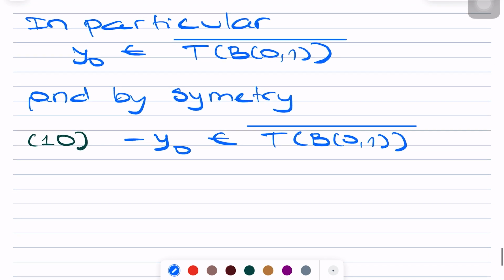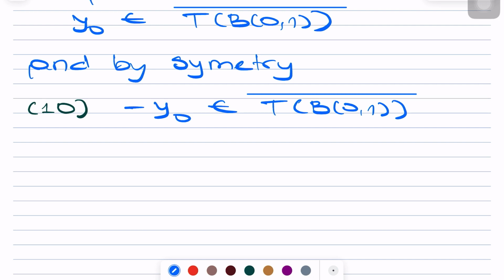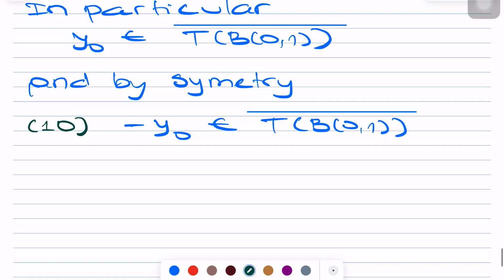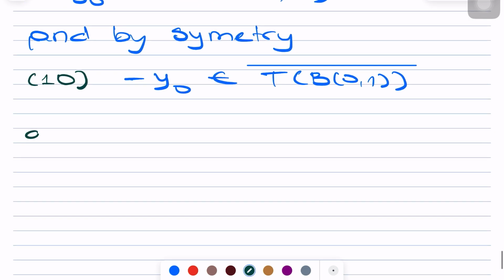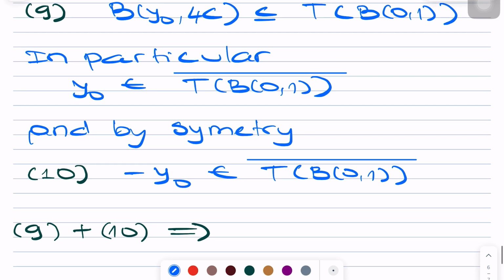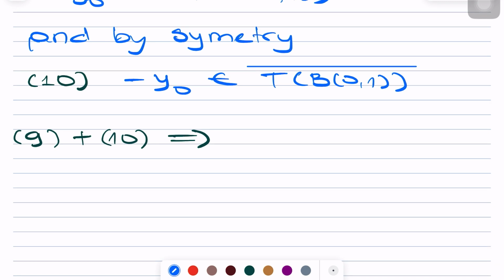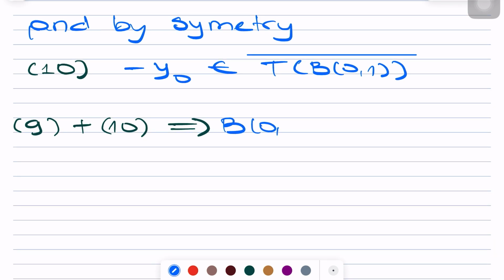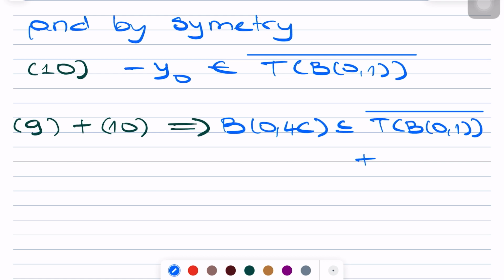If you add (9) and (10), this implies that the ball around 0 of radius 4c is contained in this closure plus this closure. I'm trying to write every step.